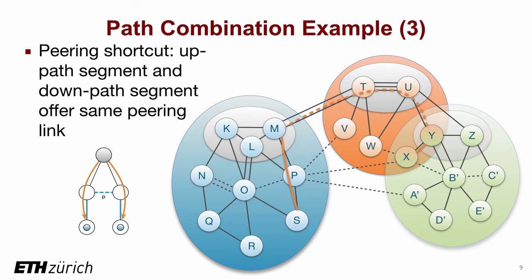Shortcuts also work across isolation domains. In this example, we have a source host in AS S communicating with a destination host in AS X, and there's an inter-ISD shortcut link leading from P to X. Here we see the 3 paths: an up path S-P-M, a core path, and the down path Y-X.